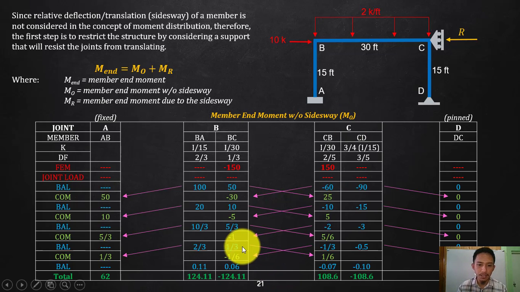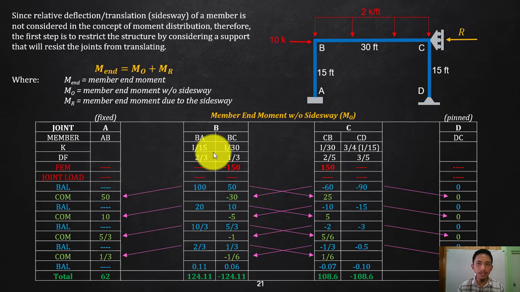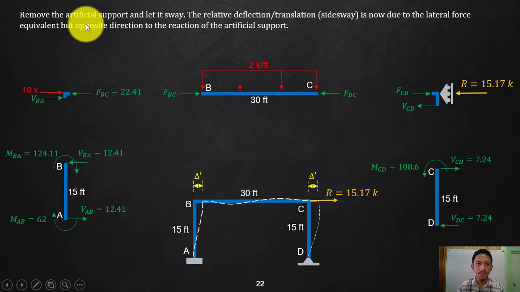So now let's proceed with the effect of your Sidesway. For us to let that Sidesway happen, we will now remove the artificial support and let it sway. The relative deflection or translation, which we call Sidesway, is now due to the lateral force equivalent but opposite in direction to the reaction of your artificial support.